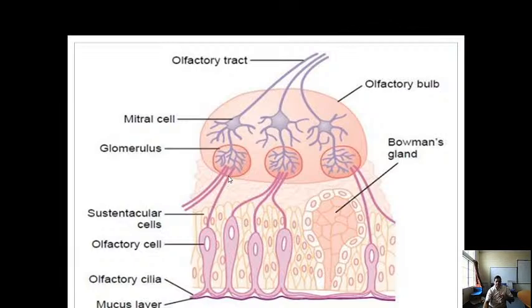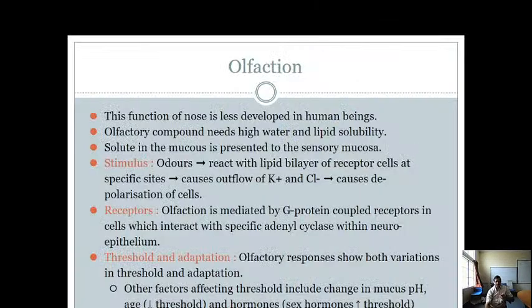Usually in a nerve the impulses travel by a wave of depolarization. So there is a change that happens in the electrolytes, particularly the potassium and the chloride.